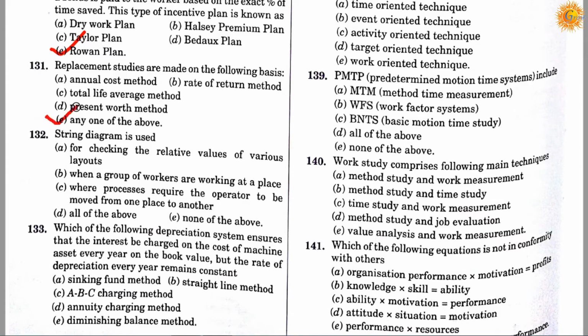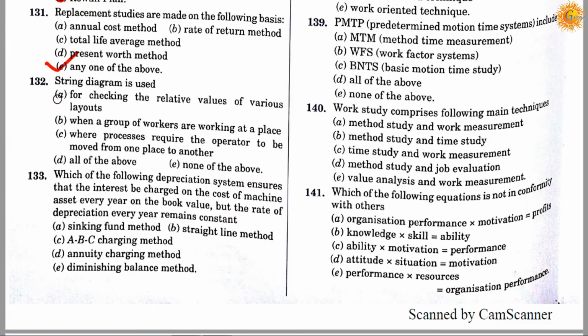So correct answer is E. It means replacement studies are made on any one of the above. It means annual cost method, or maybe rate of return method, or maybe total life average method, or maybe present worth method.